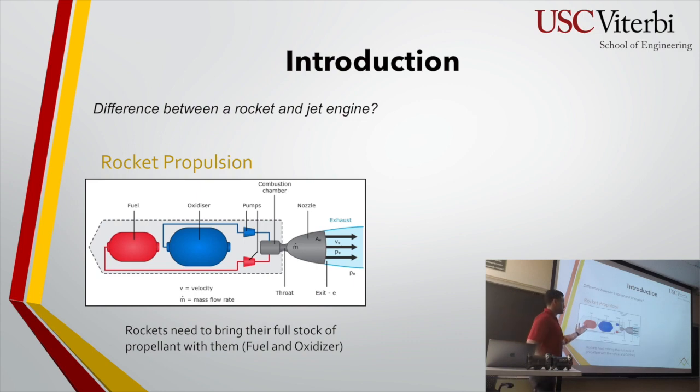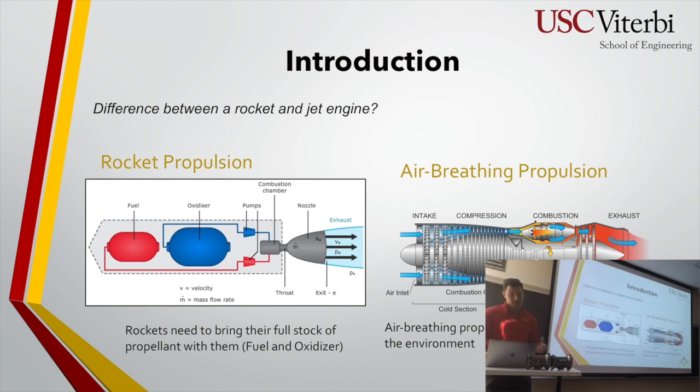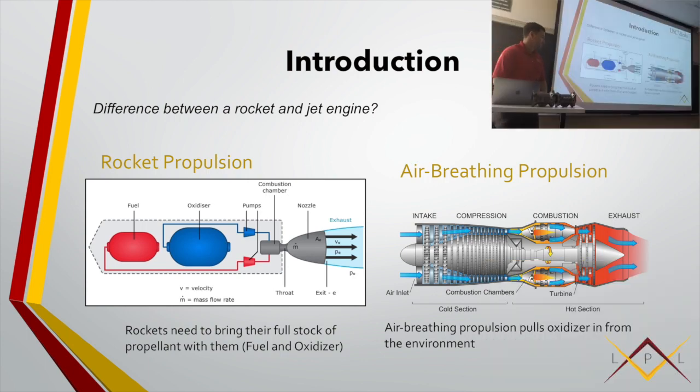You can see here a general setup. You have your two tanks, and those provide the propellants into the engine. The main reason is there's no oxygen in space, so you need to bring it with you. Versus air-breathing propulsion, which uses the environment to take the oxygen. A jet engine takes the air in, it goes through a compressor, and then they inject fuel into it.